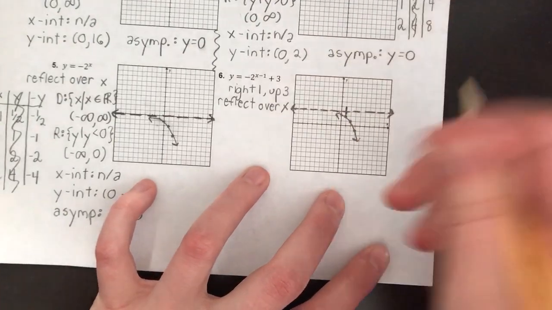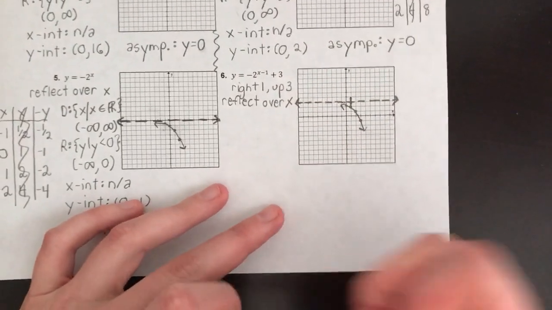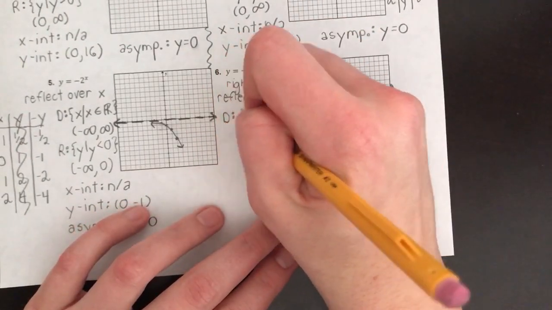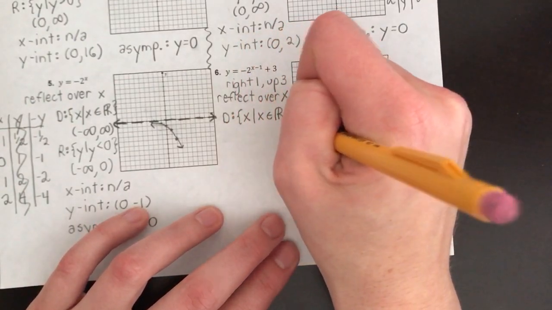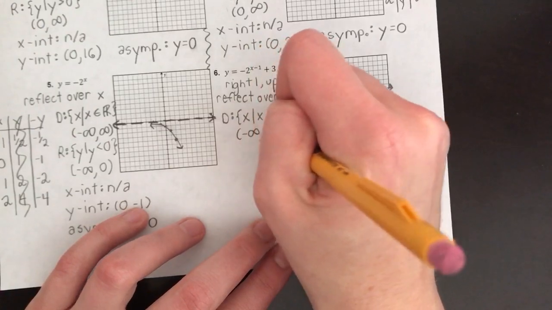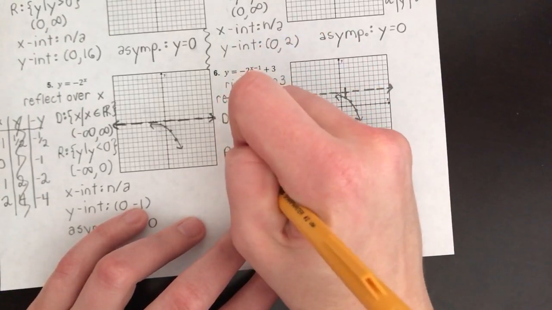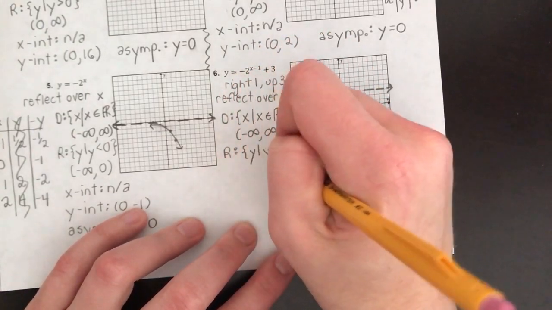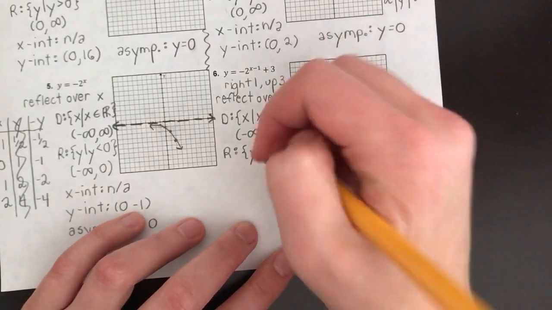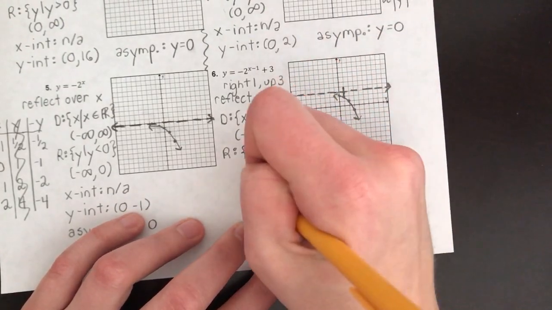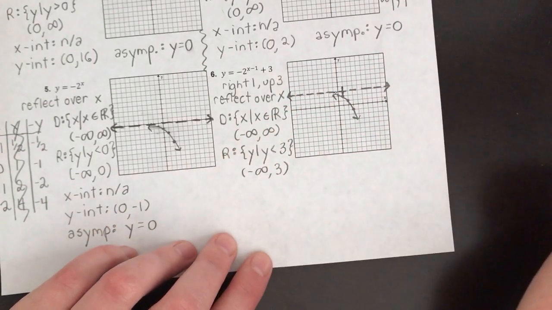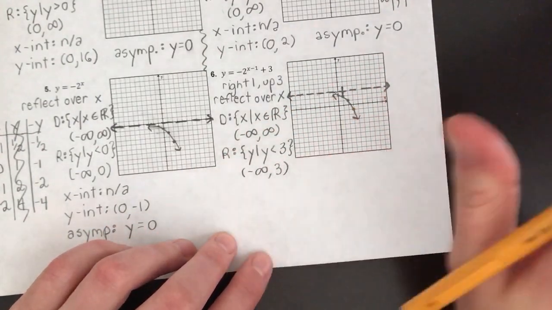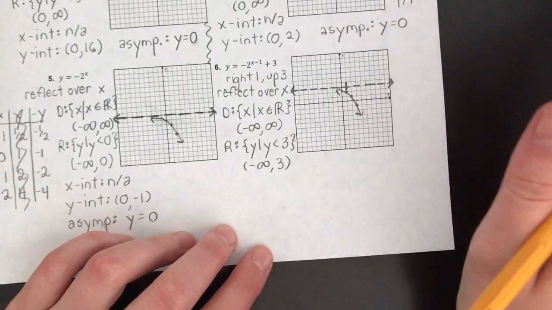So there's my graph, and as you have already probably gotten the good idea that my domain is still all real numbers, my range for this graph is y such that y is less than 3, so negative infinity, comma 3. My x-intercept is not a whole number value, so just don't worry about writing it for now.